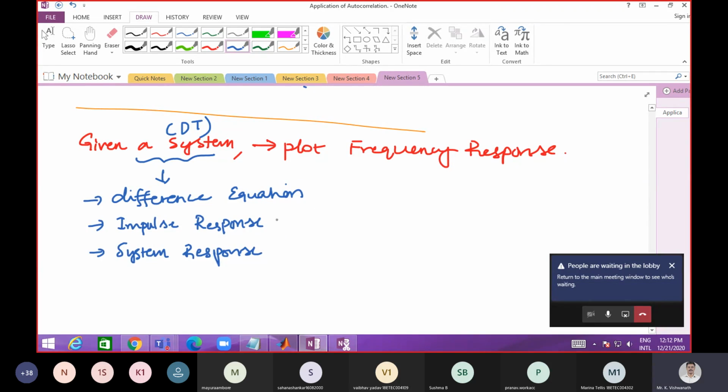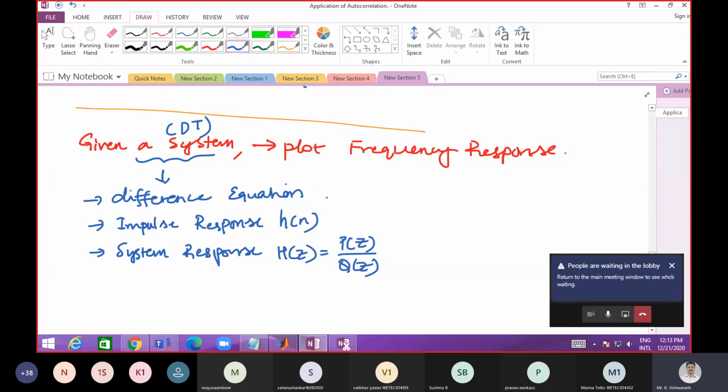The impulse response representation is h of n. The system response is nothing but the Z transform of h of n. If a system response is given, it will be in rational form, that is a numerator function divided by a denominator.